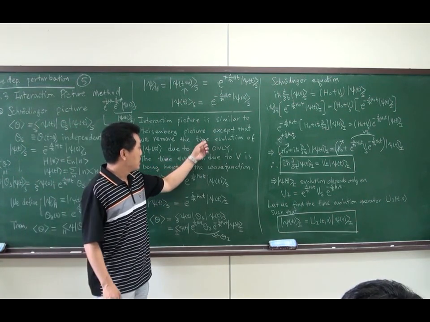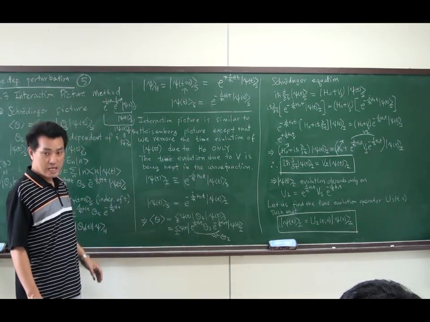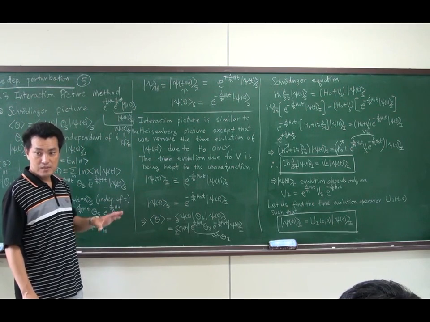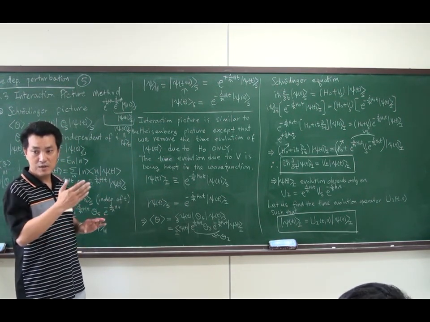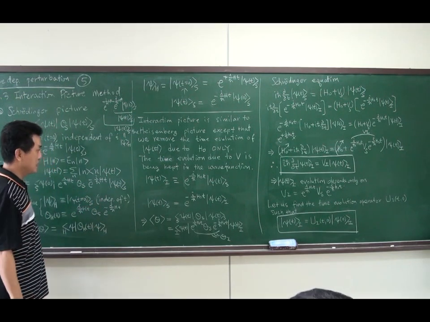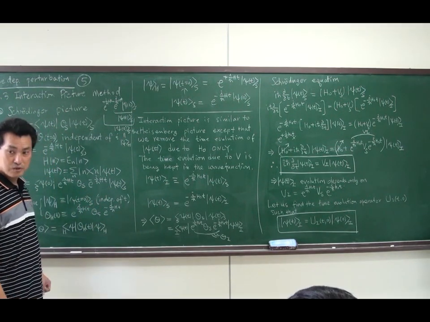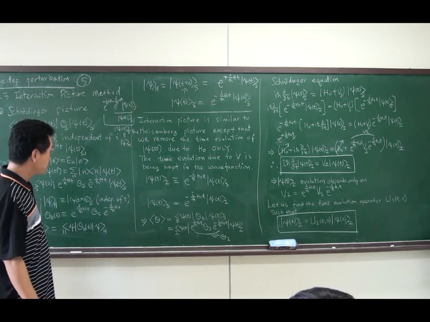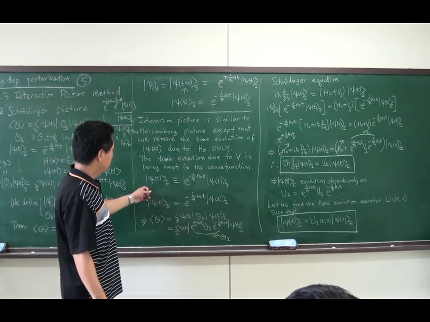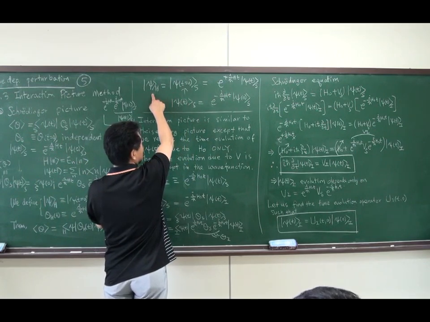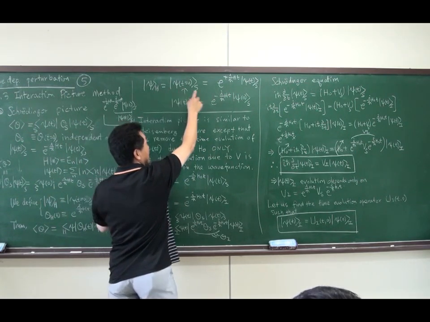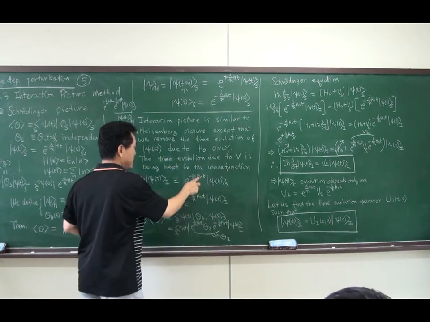If we remove the H0 effect in the evolution, then it is effectively the same as canceling the H0 piece between the left-hand side and right-hand side of the Schrödinger equation. Remember? So the interaction picture is exactly the same as the Heisenberg picture, except that I replace this H by H0.